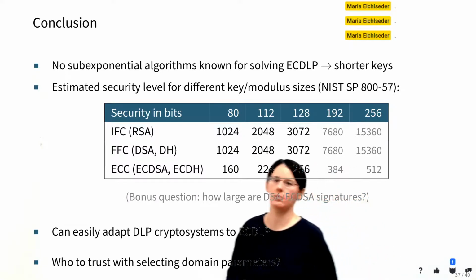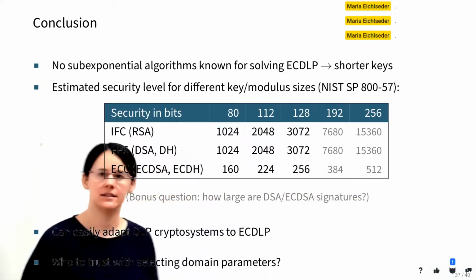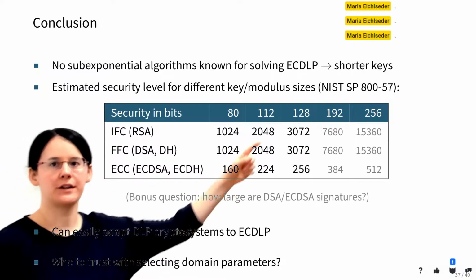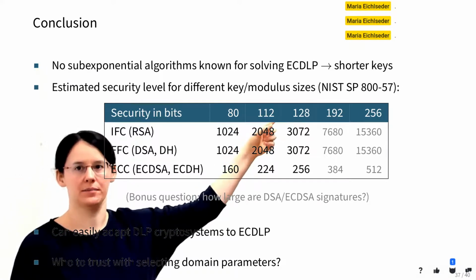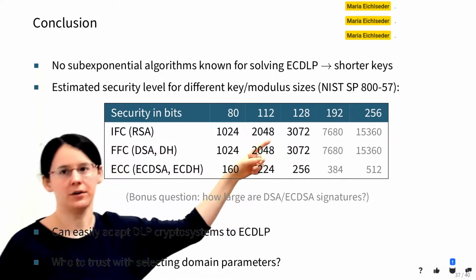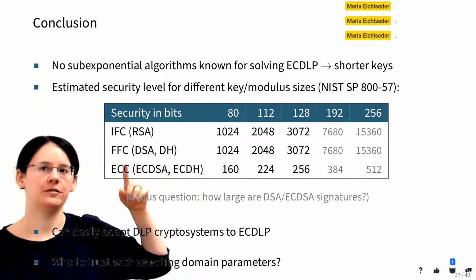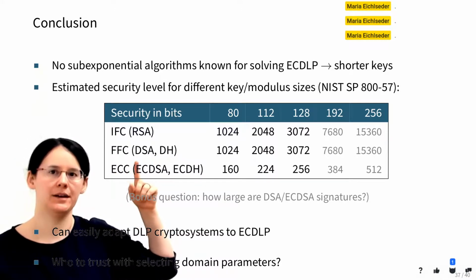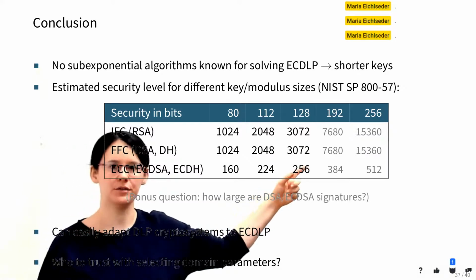So here is a table of recommended key sizes for the different structures. For example, for 128-bit security, the recommendation for RSA is 3000 bits. For finite field-based discrete log crypto like Diffie-Hellman and DSA, it's also 3000 bits.